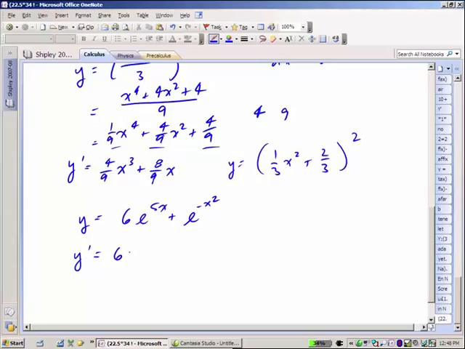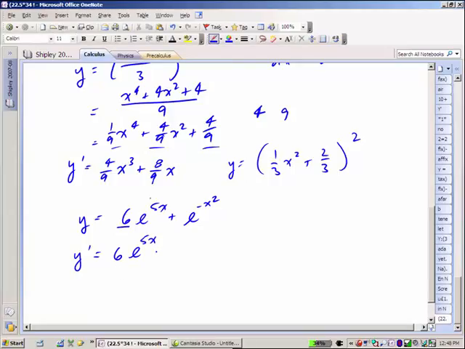You can do it that way. There's not a problem doing it that way because the derivative of 6 is going to be 0 when you do the derivative of the first. However, there's no need to use the product rule because the constant times a function is just that constant times the derivative.